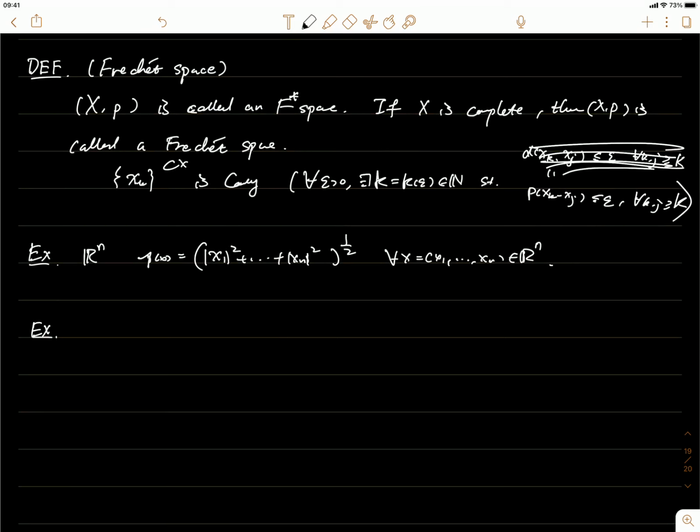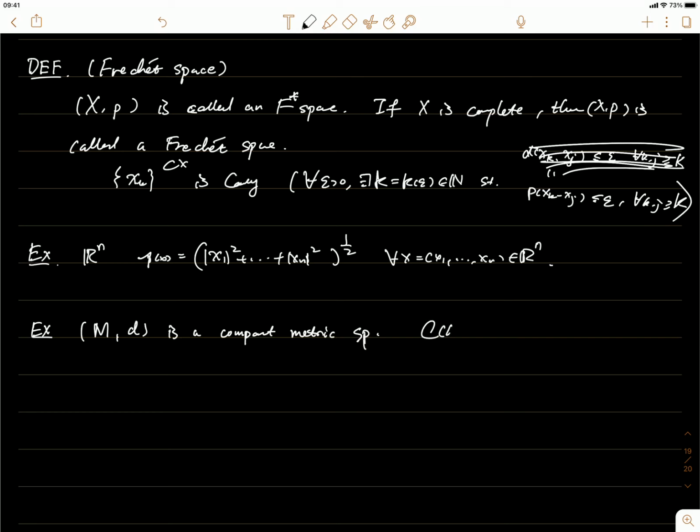And we can also consider the C(M) space. Say, for example, we have this M, which is a metric space, and d is a metric on it. Let's say this is a compact metric space.